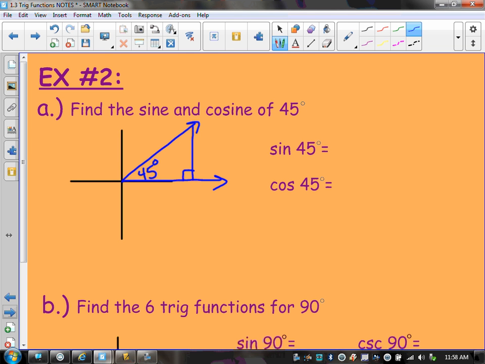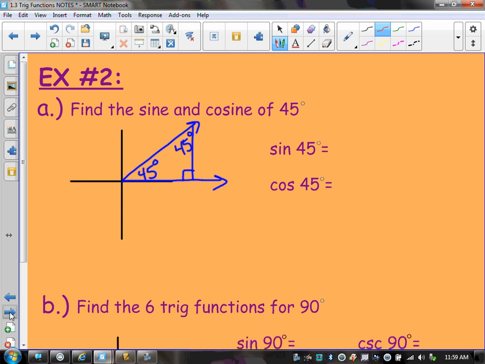So look what I just made. Didn't I just make a 45, 45, 90 triangle? Because it doesn't give me any sides. But in a 45, 45, 90, or even a 30, 60, 90, it shouldn't matter what my sides are. When I do a sine and a cosine, I end up getting the same answer.